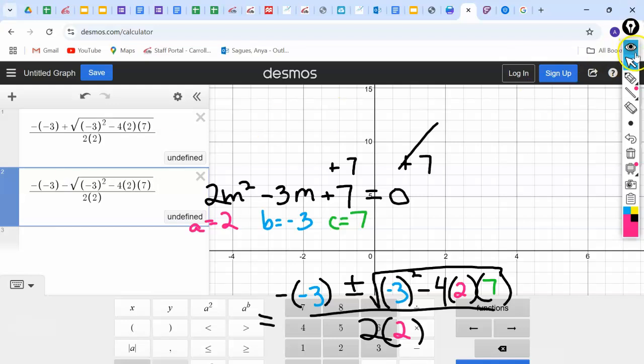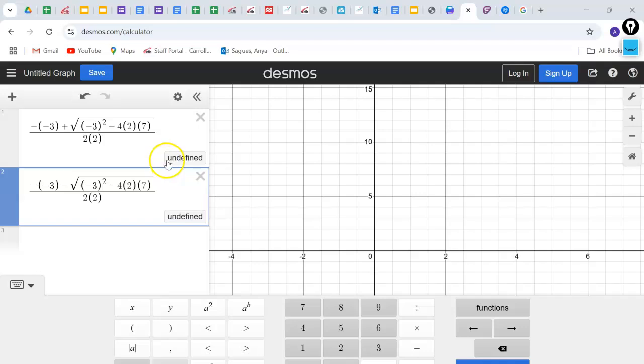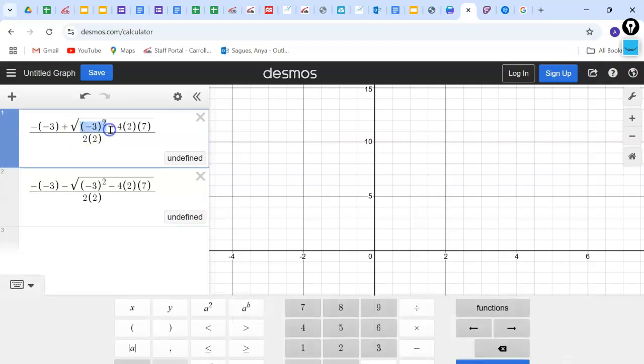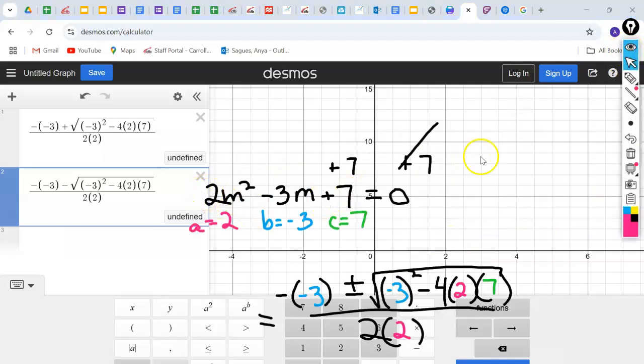Now, here, I see that it is giving me undefined. Desmos gives me undefined when I have a problem. And I will generally have a problem when I have no solutions. So let's look back at this equation really quick.